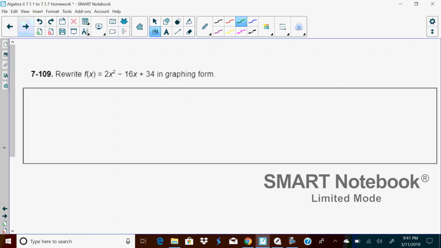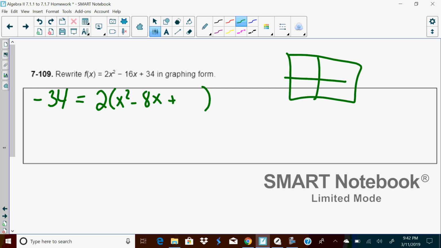109, rewriting in graphing form. So I move the 34 over, because I'm going to complete the square. Pulled out a 2, so I get x squared minus 8x. I'm going to add something to both sides. So I'm going to complete my square. So it's minus 4, x minus 4.